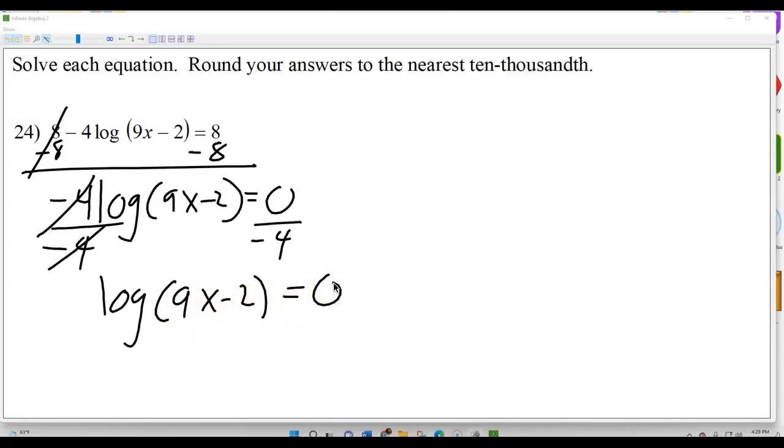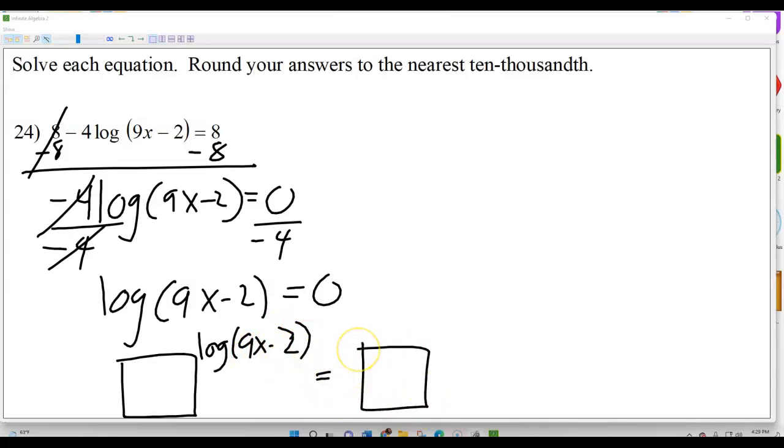So I want to make both sides of this equation a power of some number. So we're going to make log of 9x minus 2 a power of something. And we're going to make 0 a power of something. And what is that something? Well, it's the base, but notice there's no base here. But maybe you guys remember that when you have a log where the base is not written, that means it's 10.